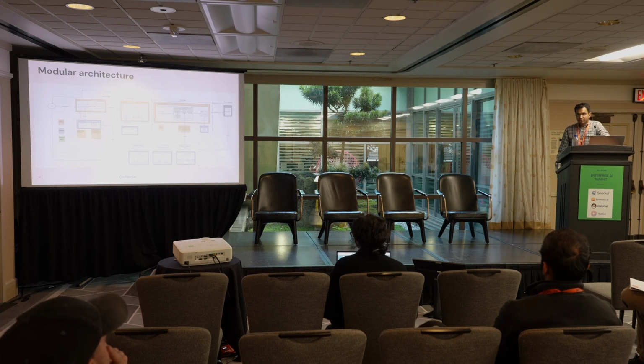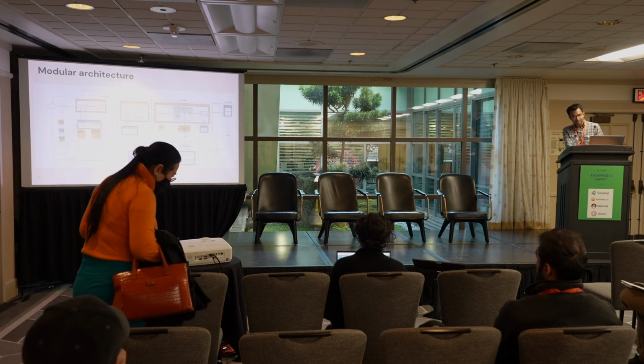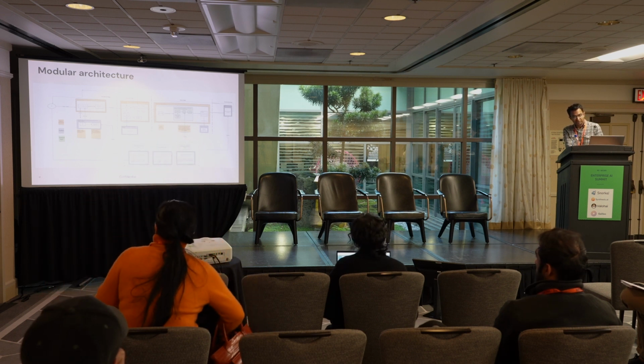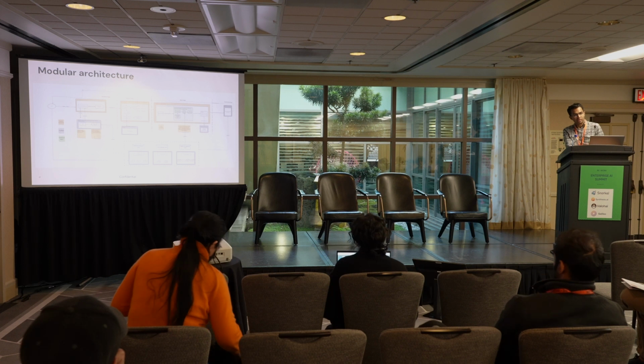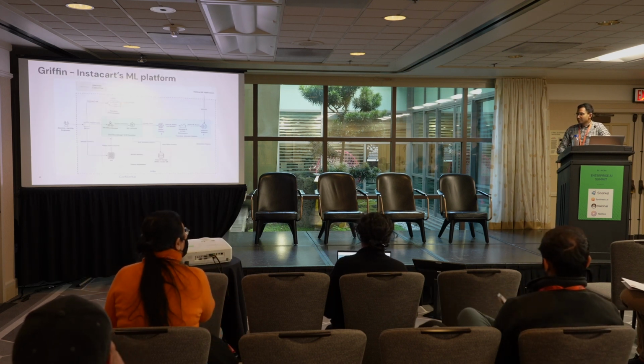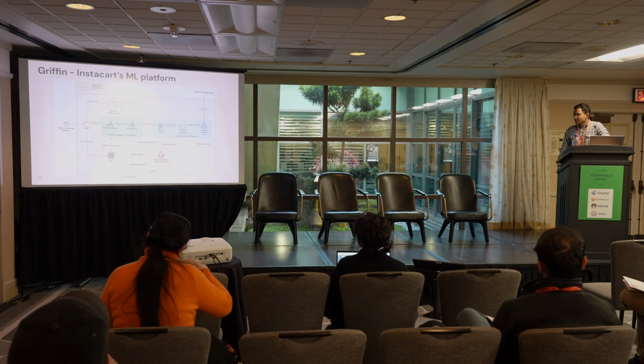So along our journey towards this more modular architecture is where we realized that, hey, these are all common across Instacart, that maybe some of these things like building a real-time feature store, having an inference platform, a training platform is more generalizable. And that's where a lot of these things were then generalized into a platform across all of Instacart.